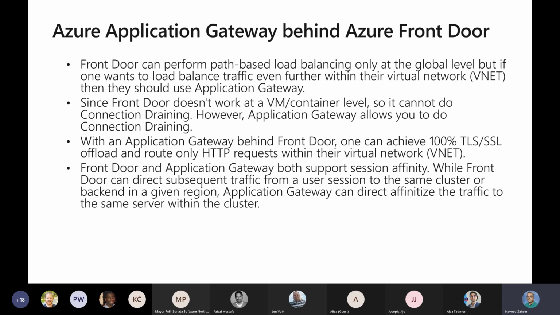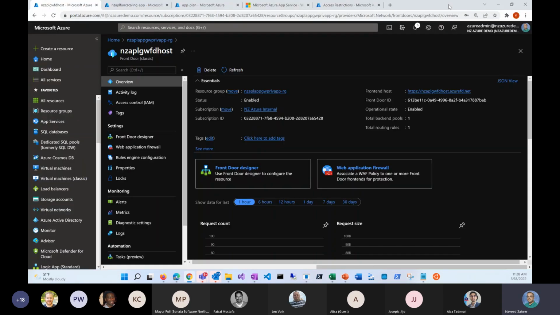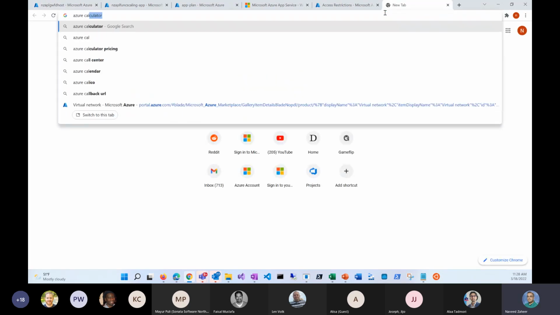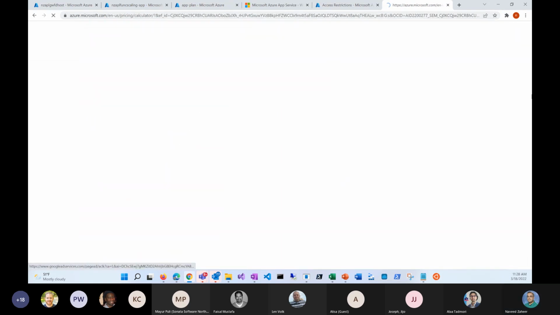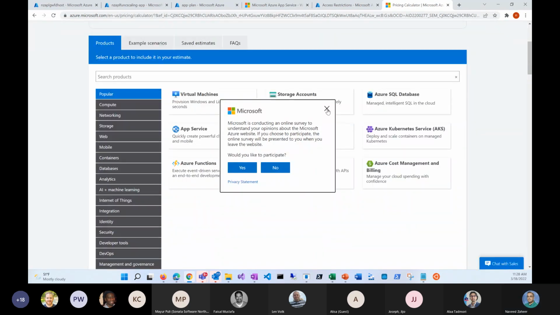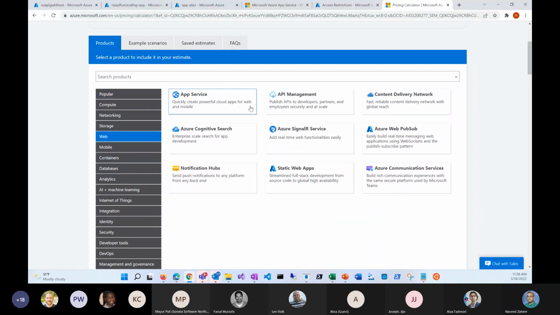So, for example, if I go in here, we can just take a look. We have 2 minutes, so let's quickly take a look at the Azure pricing calculator. That should be in web, or networking.